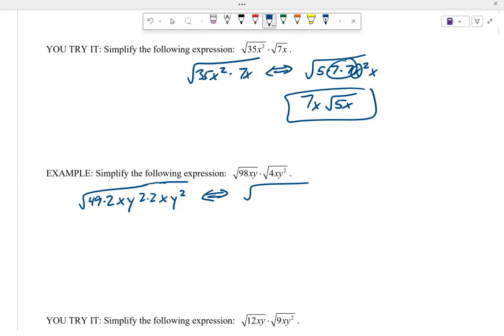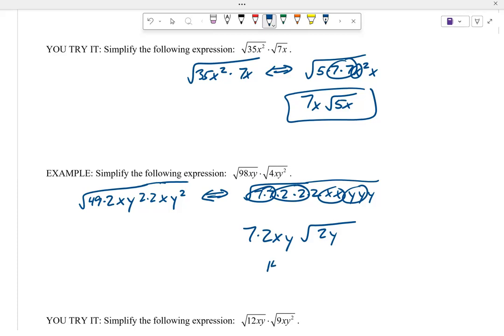So I got 49, I got 2, 2 more 2's, and then I got an x, an x, I got 2 x's, I got 3 y's. Just write them all out. So square root of 49, 7 comes out, square root of 4, 2 comes out, square root of x squared is just an x, square root of y squared is just a y. Looks like I just got a 2y underneath, so I got 14xy square root of 2y on that.